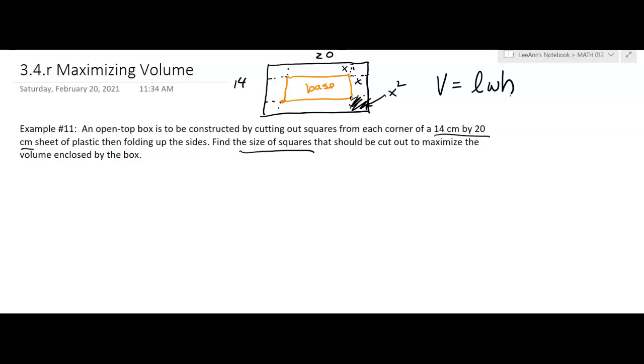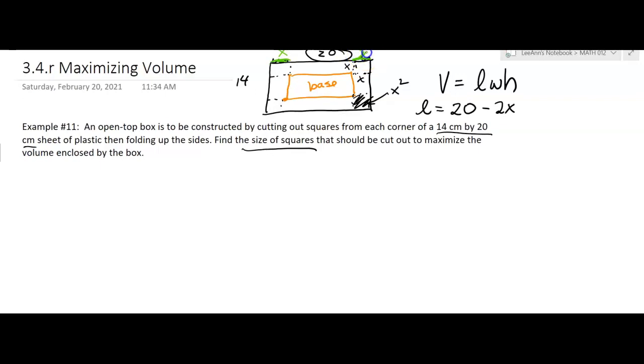Okay, so what is my length in this case? It's going to be the long one, so 20 minus, I have to take out this distance here and this distance here, so 2x. That's going to be the length. I'm subtracting x here, and I'm subtracting x here.